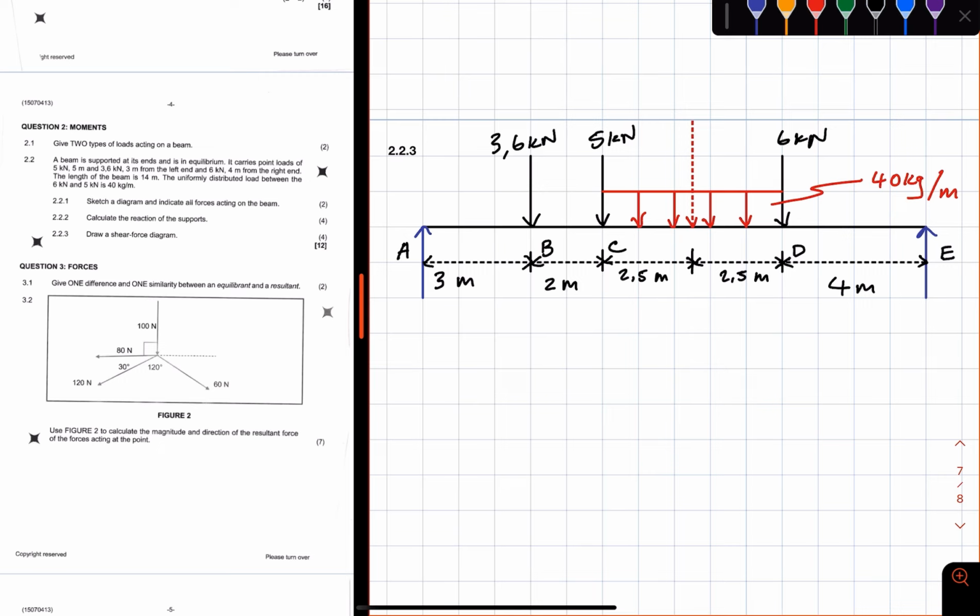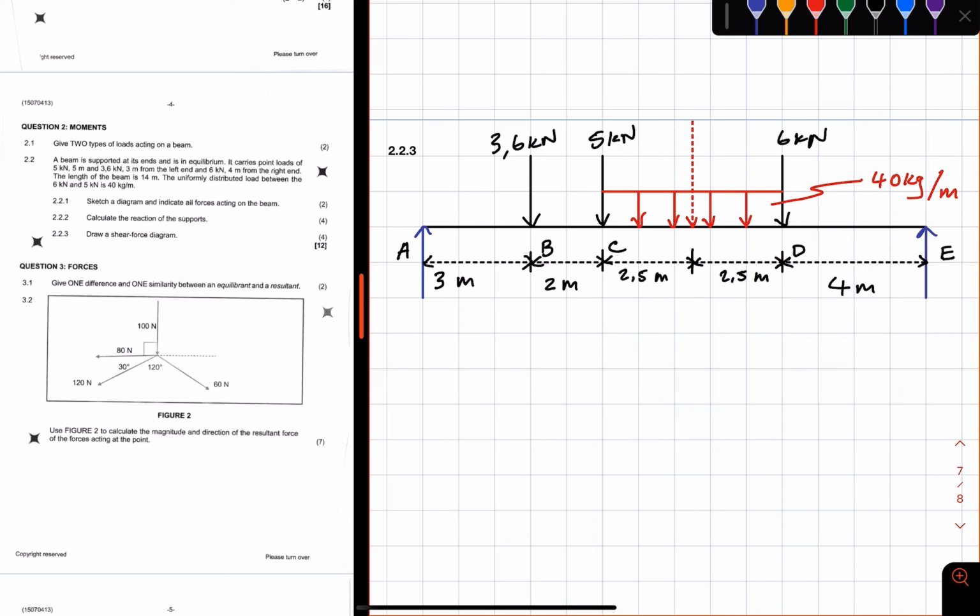But we do need our UDL to be in what? In newtons per meter. Remember, we multiplied the 40 kgs by what? By 9.8.